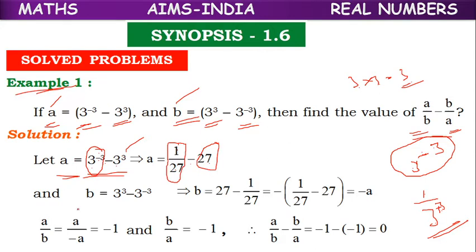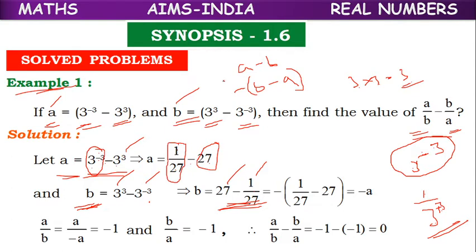In the same way, let's simplify the value of b. 3 cube minus 3 power minus 3 means 27 minus 1 by 27. So if we write in reverse order, suppose we have a minus b, if we reverse them, how can we write?